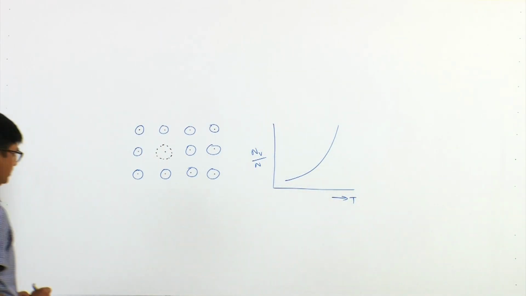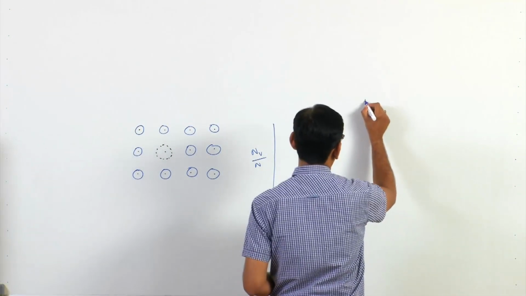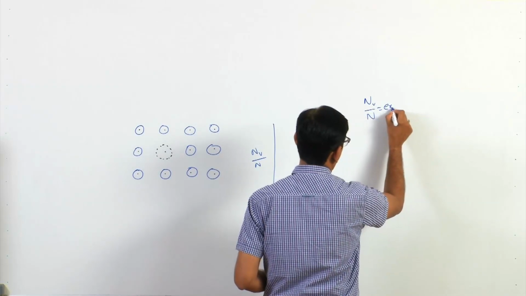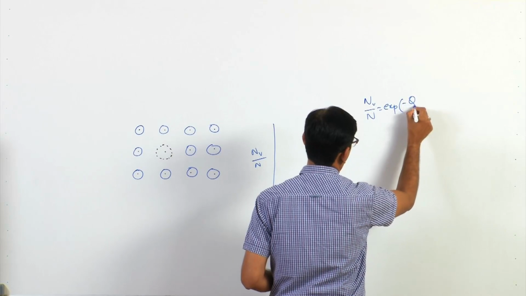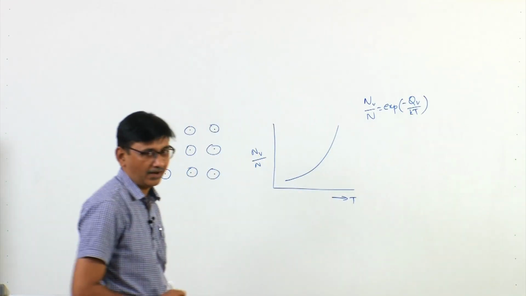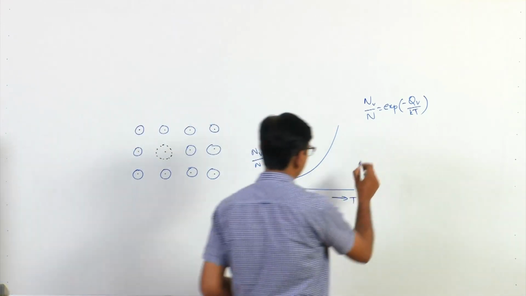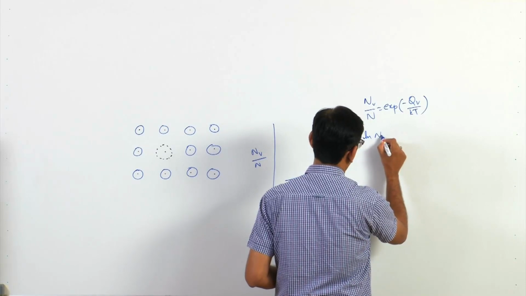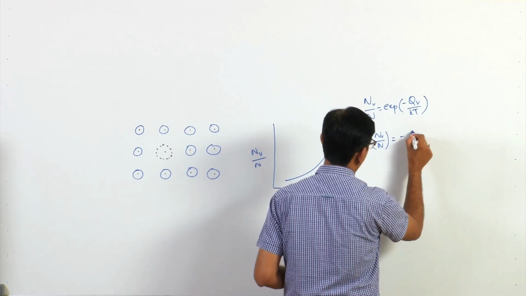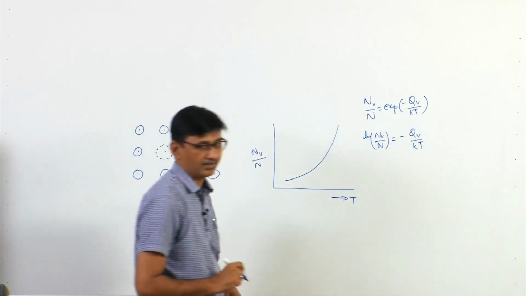Another interesting thing is that if I rearrange this equation, it will be like this. Because this is an exponential equation, if I take the logarithm on both sides, it will be ln(Nv/N) = -Qv/k times 1/T.